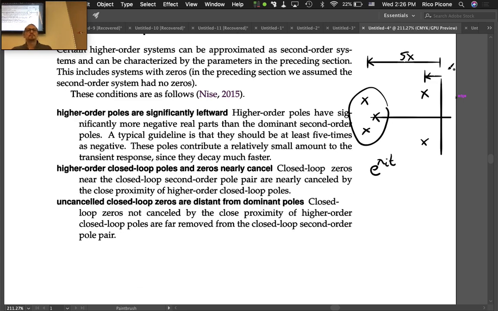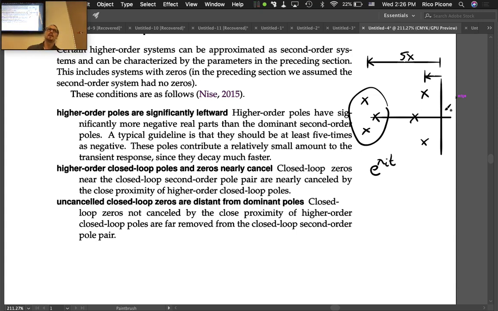Great. So the next condition is that higher order closed loop poles and zeros nearly cancel. Closed loop zeros near the closed loop second order pole pair are nearly canceled by the close proximity of higher order closed loop poles. So maybe you've got a troublemaker pole that's right in here.